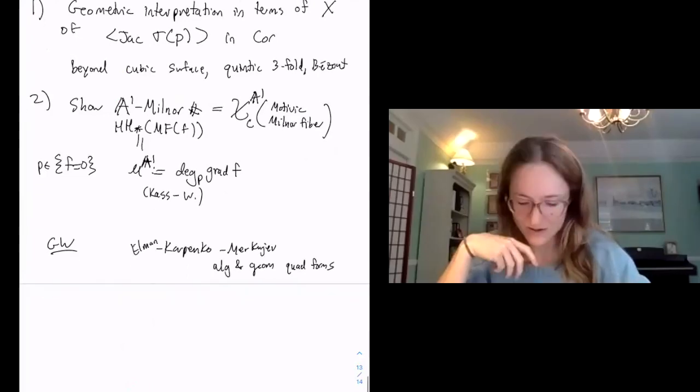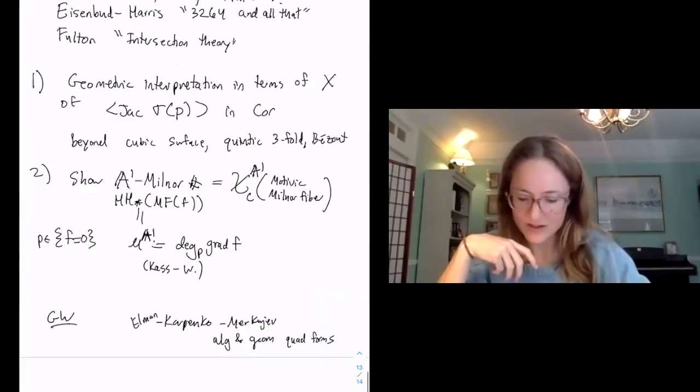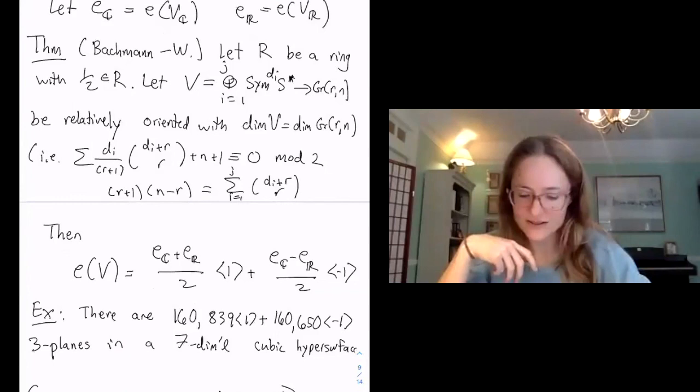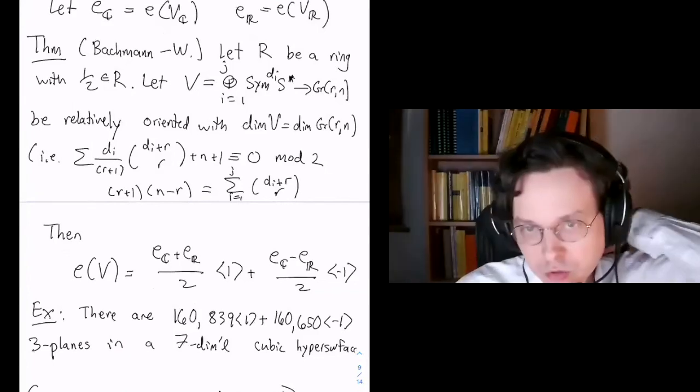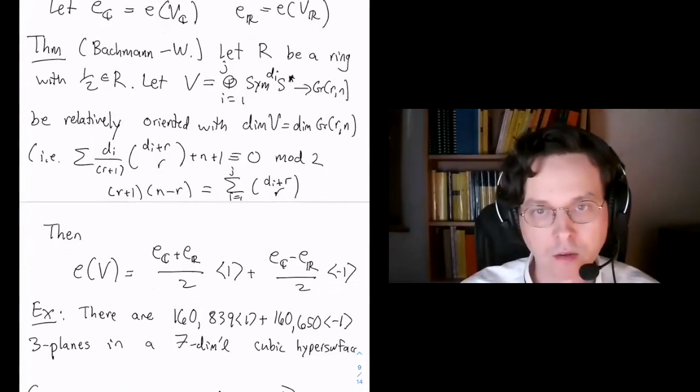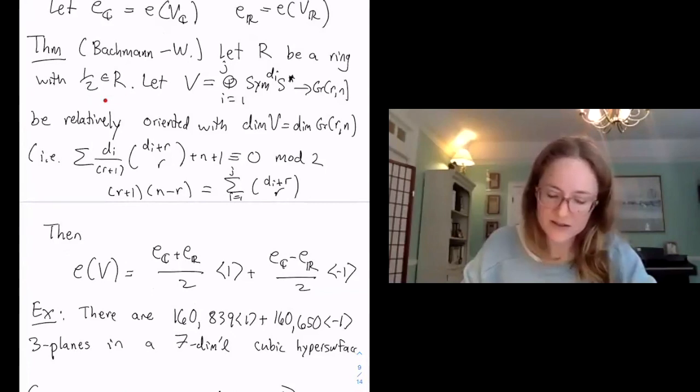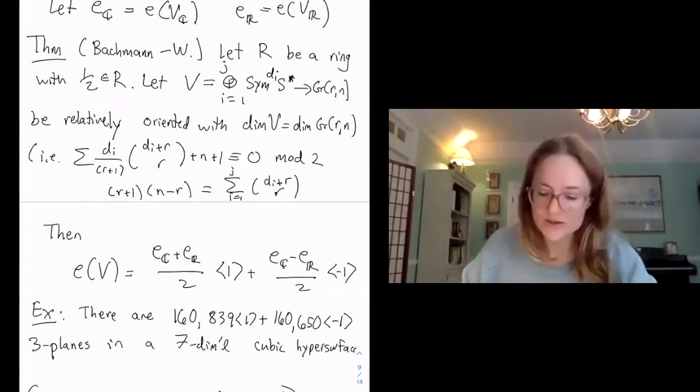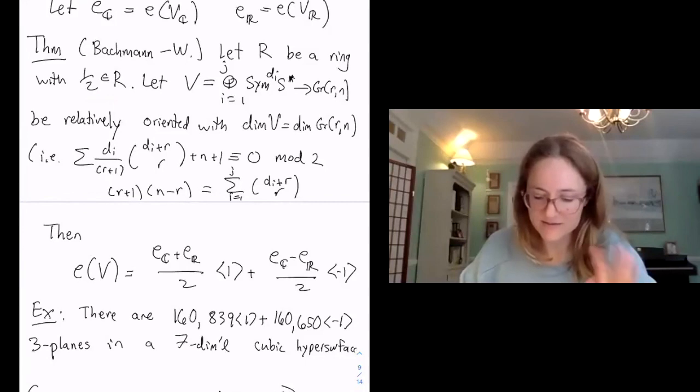Yes, and also, even though I said 1/2 here, this could be a field of characteristic 2 if we wanted, using Morel's bilinear forms, using GW underline. So here, I think everything is totally okay in characteristic 2.